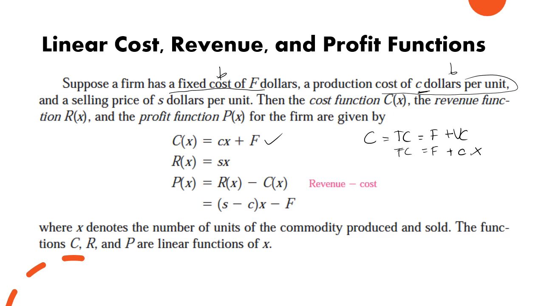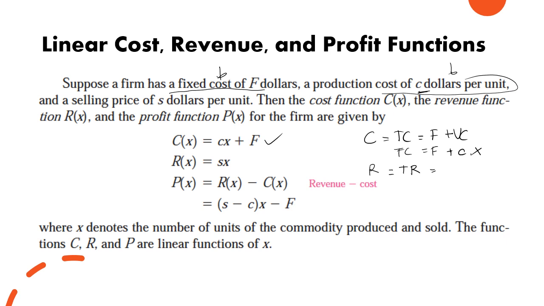And for the revenue, later on we will more often use the symbol TR, total revenue. And total revenue comes from the selling price of a product. So the more product we can sell, the more revenue we can get.